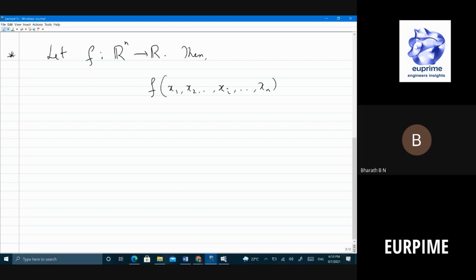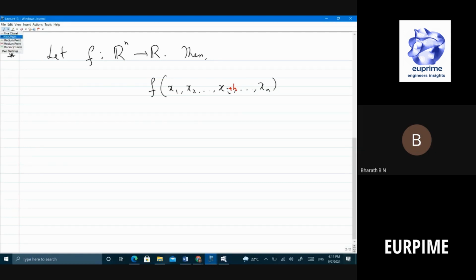I'm going to look at the ith component and perturb it by h, just increase xi by h.